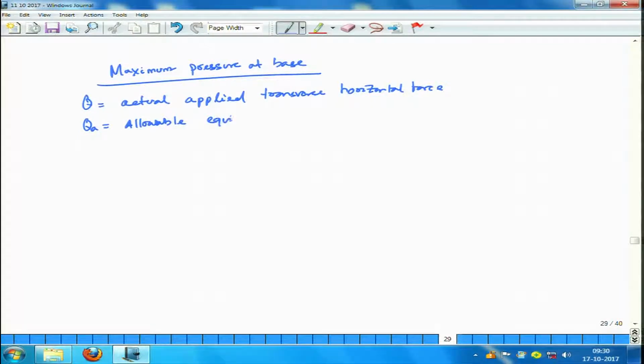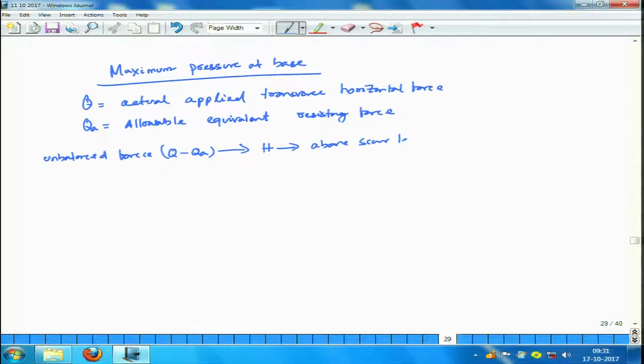The unbalanced force I can write as Q minus QA, acting at a height of H above scour level.